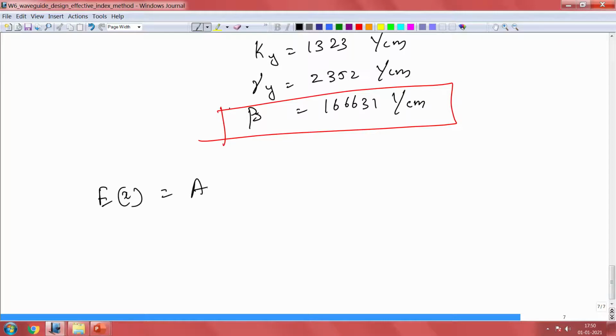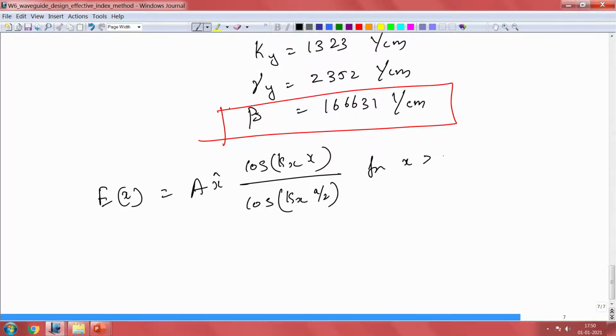So, you have a certain intensity A along x, let us say cos kx times x divided by cos kx a by 2. For the dimension, let us say if A is the width, this is A by 2, right, because for x less than A by 2, right.